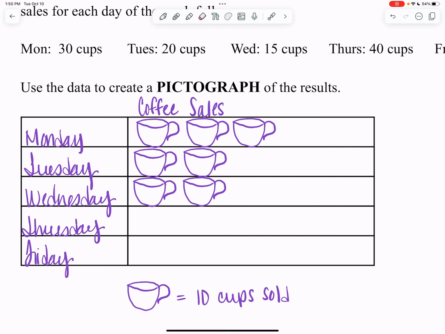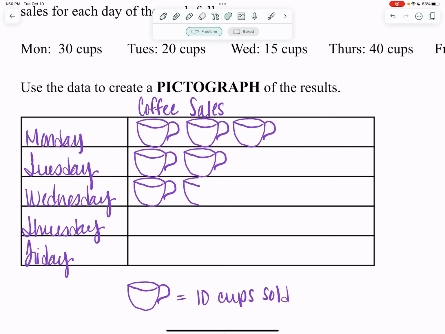And I'm going to pull up my eraser. It's already set to partial. If 1 cup stands for 10, then I'm going to make this one 15 by cutting it in half. Close enough to half. So that one would be 15 cups of coffee.